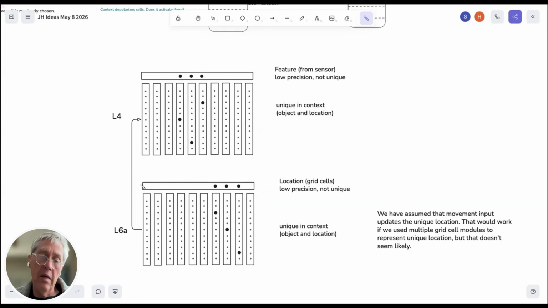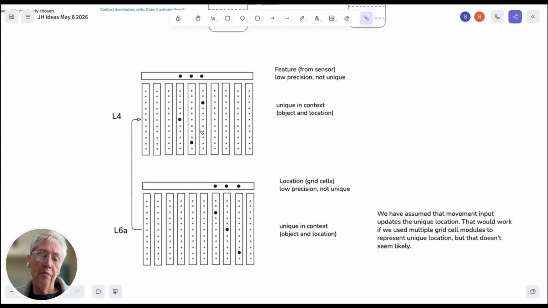Again, it is all hand wavy, and it's not as accurate as I want, but I have a feature up here. It's not as accurate as I want because it's a feature out of context. But if I take the feature out of context and combine it with the location, which is not great but pretty good, the intersection of these two may be unique. That is, I may be able to achieve all the things I need to achieve. I just have to think about it mathematically.